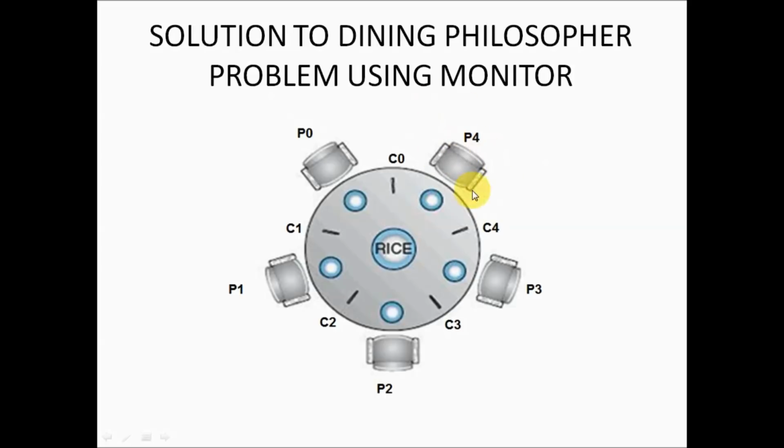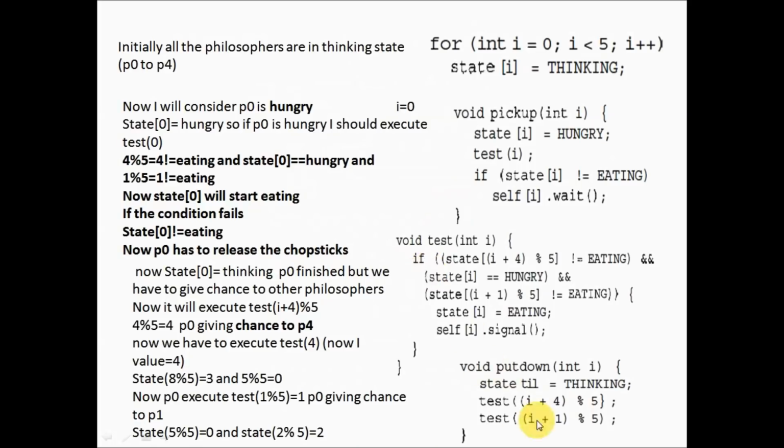Getting? So P4. What is test of (I + 4) modulus 5? 4 only. So the value should go inside the test. Test of 4 we have to execute because the I value is 4 now.